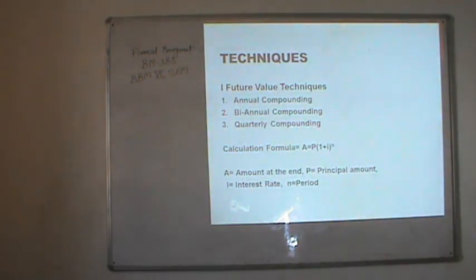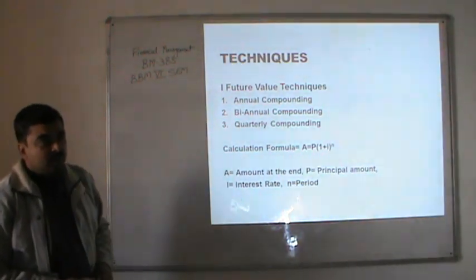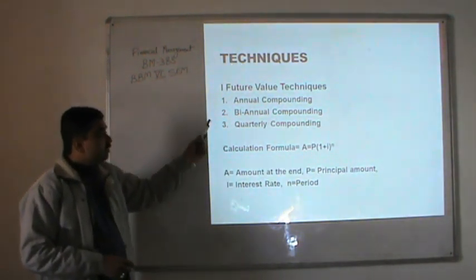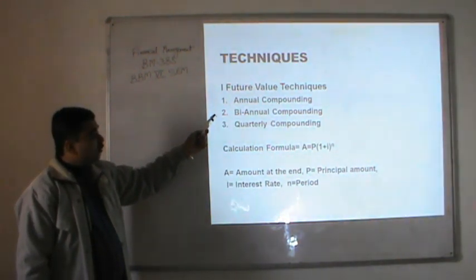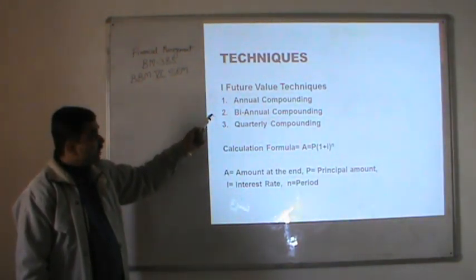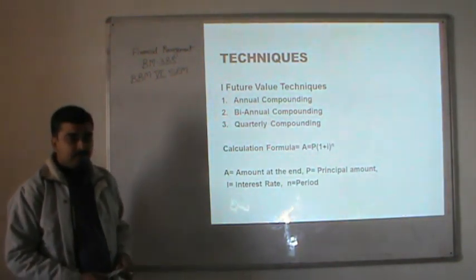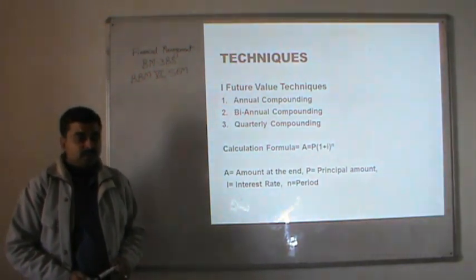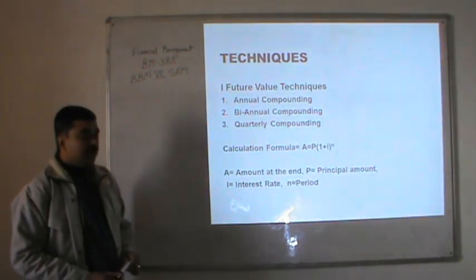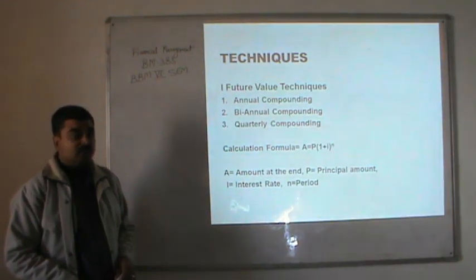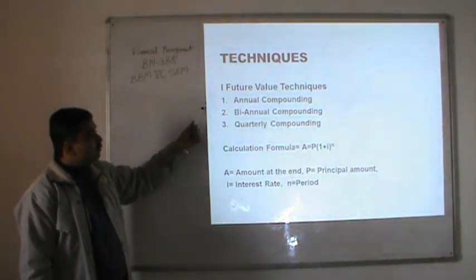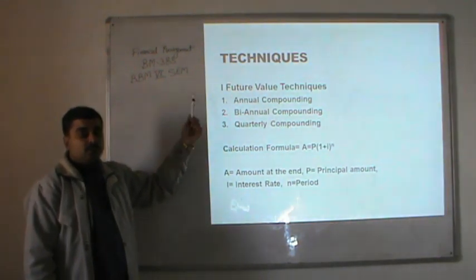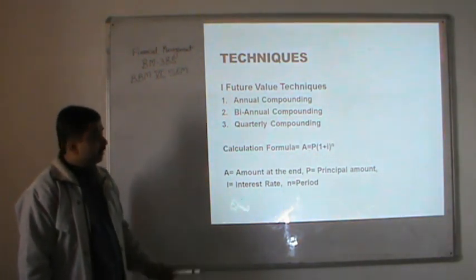For the purpose of calculating the present value and future value, there are three techniques normally used: annual compounding, biannual compounding, which means compounding 2 times in a year, and quarterly compounding. Compounding means that the interest will be added after each time period. Like annual, after 1 year the interest will be added to the principal, so as to calculate the next year's interest.